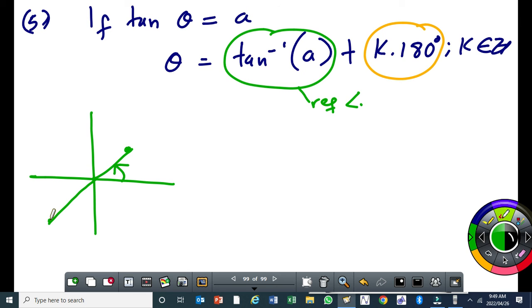So after every 180 degrees, the tan graph starts to repeat itself. So always multiply the k by 180. So we've got 5 general solutions: 2 for sine, 2 for cos, 1 for tan. Alright? Okay. I'm going to stop.